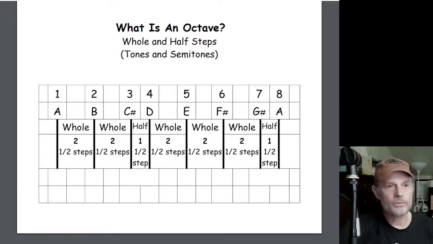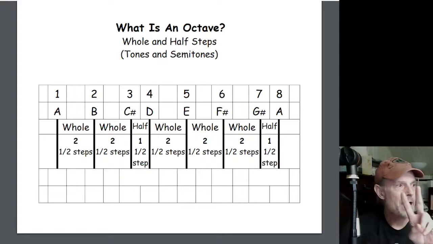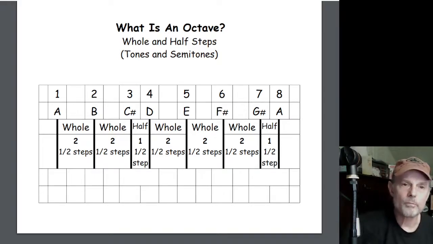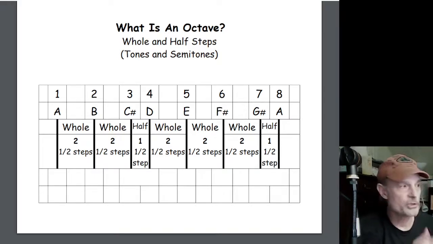We can count this as two half steps and 1 half step. Now we still want to call it a half step because the whole idea of music theory is to be able to talk about music with others, and since that's what they're called, half steps or semitones, we need to stick to that terminology.